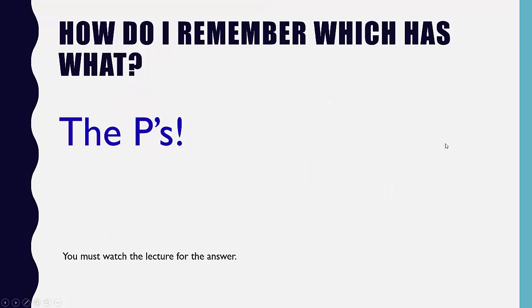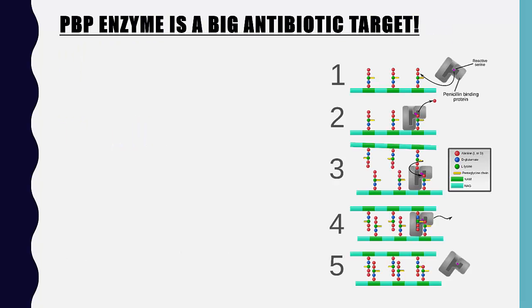So that's the P's, right? That's how you remember what is what. The gram-positives are easier to remember because of this, I know. The gram negatives, you're just going to have to memorize it. I don't have anything clever like I do with the gram positives.